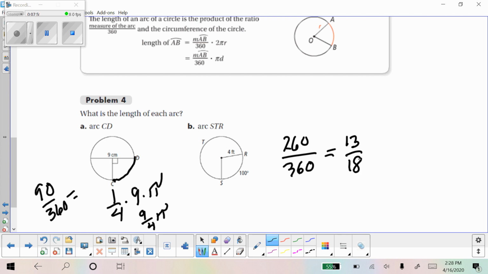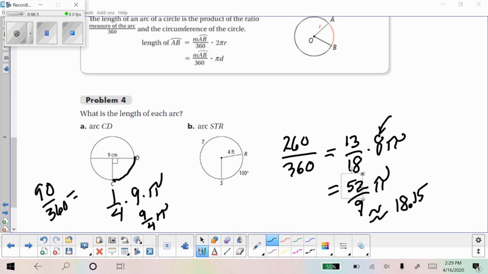And if I multiply that by the circumference of the circle, which is 8 pi, and simplify 8/18 to 4/9, 13 times 4 is 52/9 times pi. I'm going to approximate that to the nearest hundredth, and that's about 18.15.